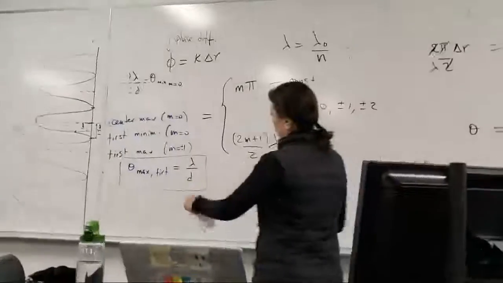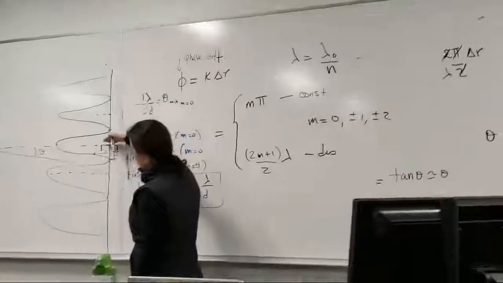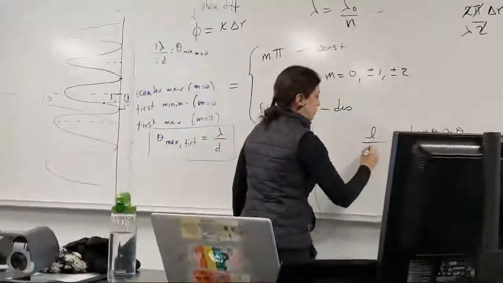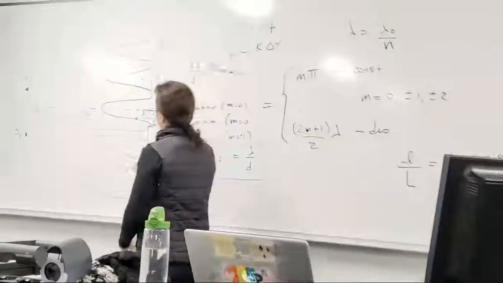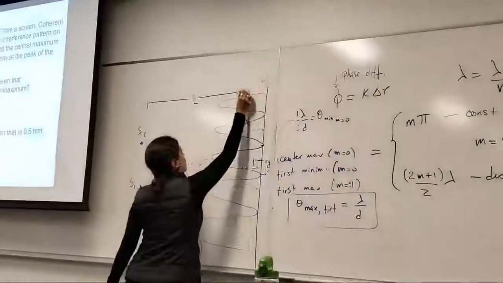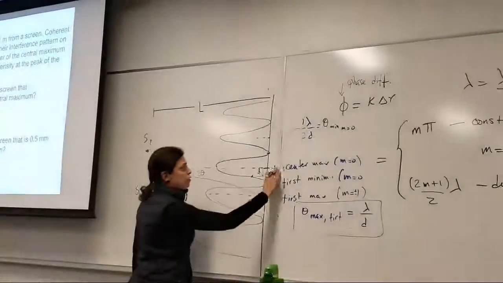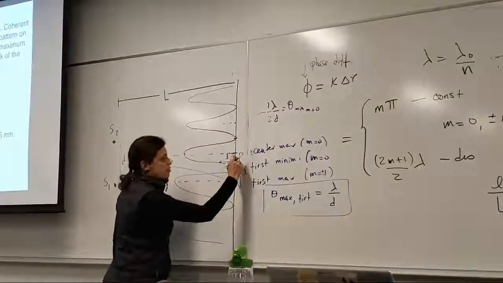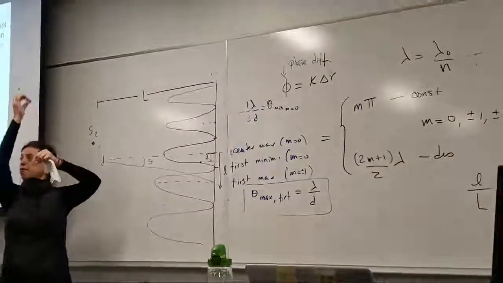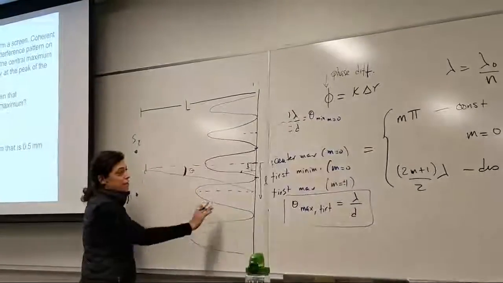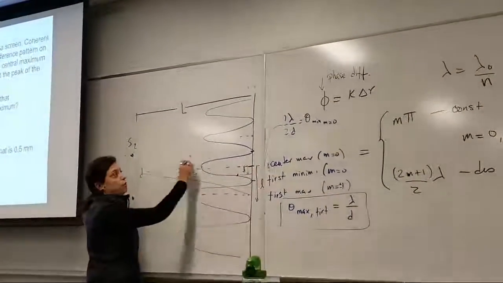And what is tan theta? Tan theta is a distance away from the center maximum, little l, divided by big L. Let's say big L is the distance between the two slits and the screen, and little l is from the center to any point away from the center. So the tangent of this angle is l over big L.